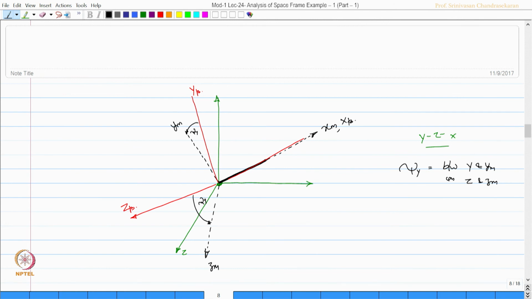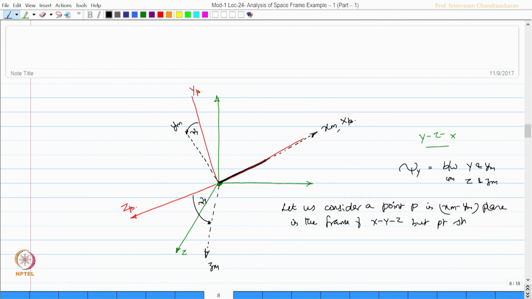To understand this, what we should do, let us consider a point P in xm ym plane, that is this plane xm ym plane, in the frame of x y z, but the point should not be located along the xm axis.